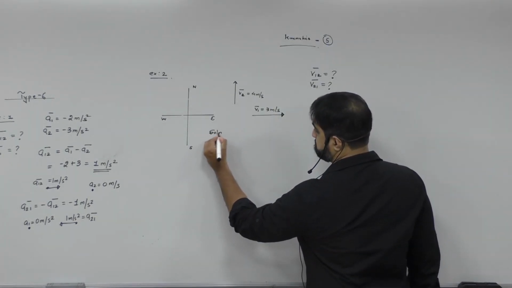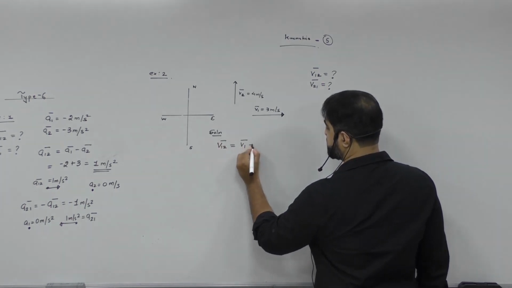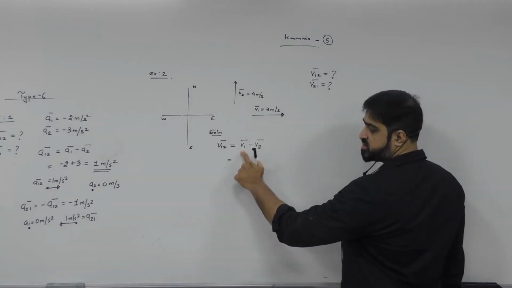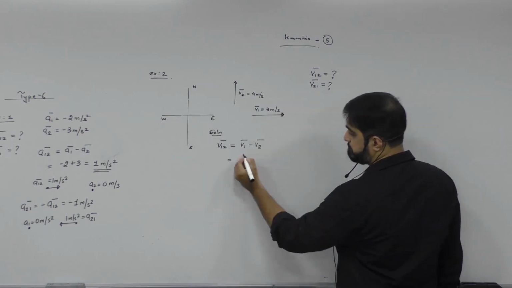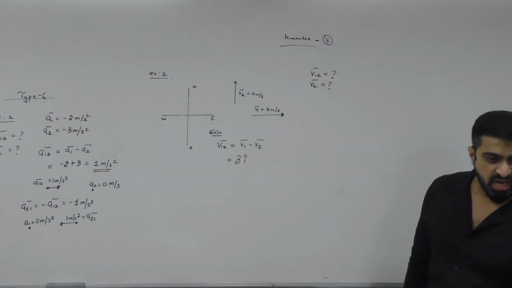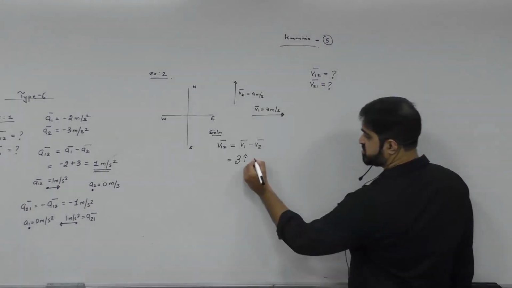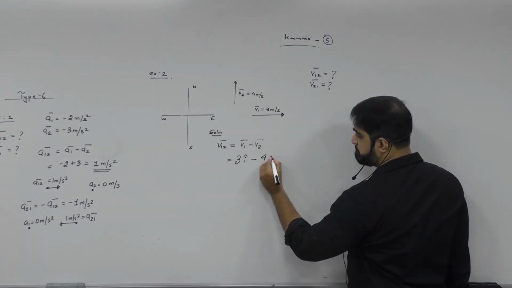Pay attention. Can I say V12 bar will be V1 bar minus V2 bar? Bacha, V1 bar is 3. Can I call this I cap? X-axis is I cap. Minus V2 is 4. But along this way, it is J cap.